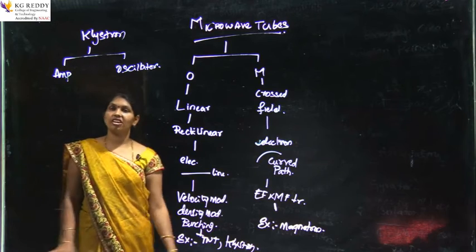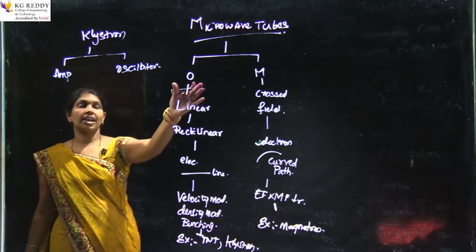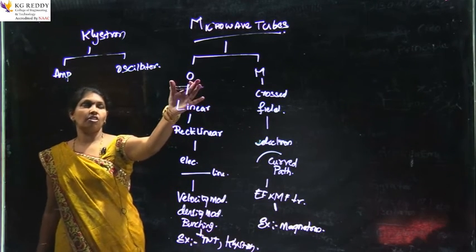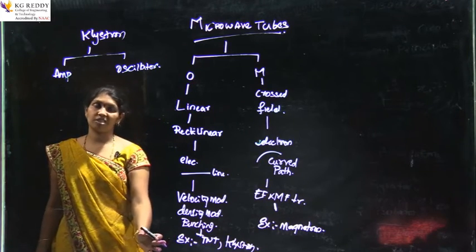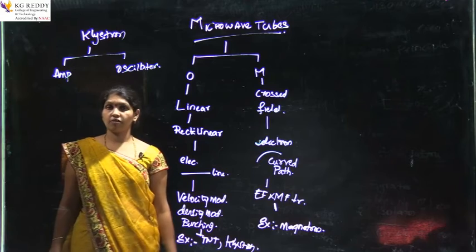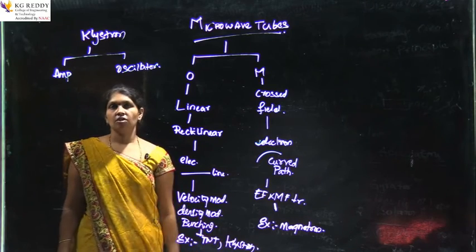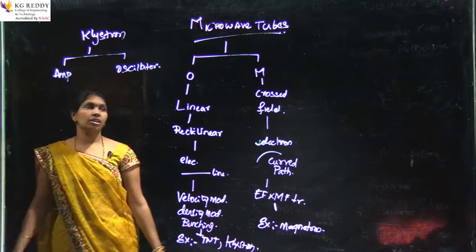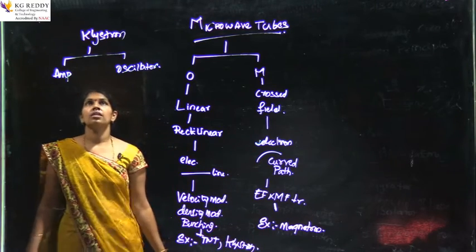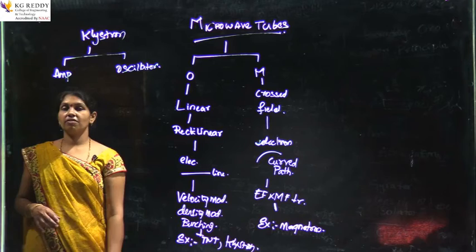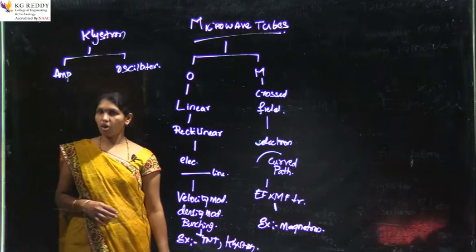They are low power devices, so they come under the category of O type tubes. We have already discussed that the two examples of O type tubes are TWT, travelling wave tube, and klystron. So we are discussing klystron. The example for M type tube is magnetron.